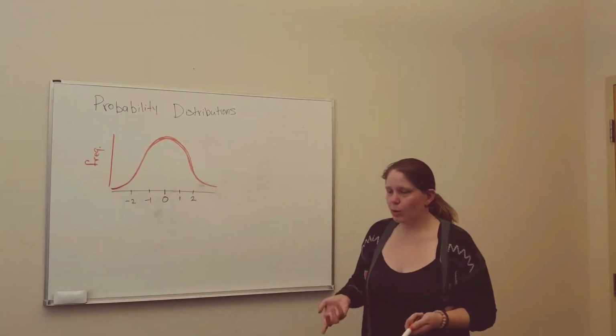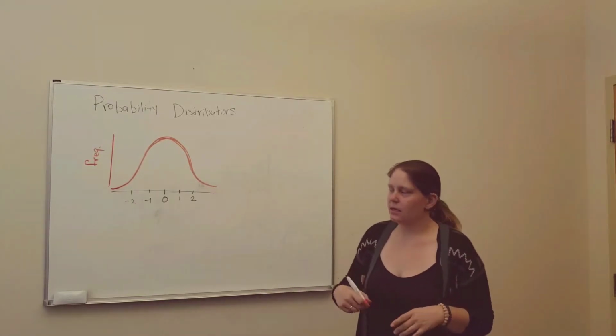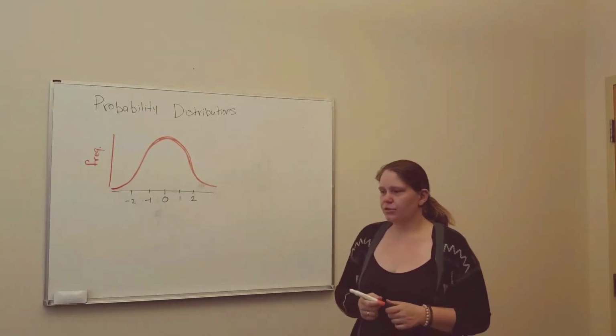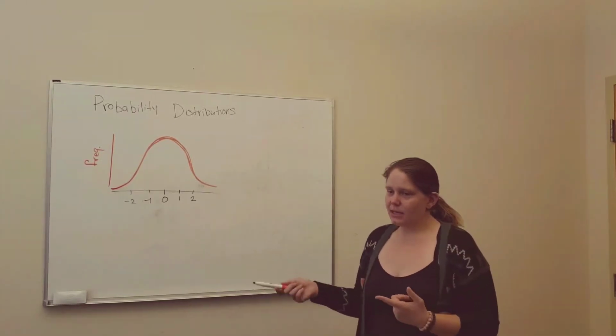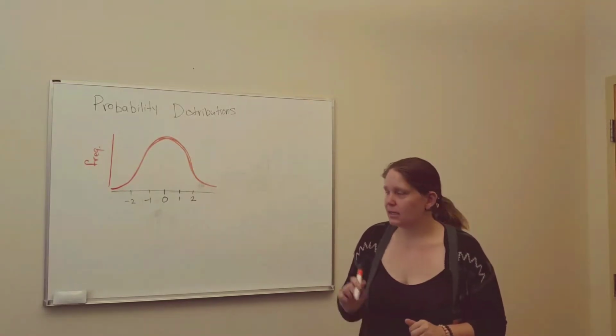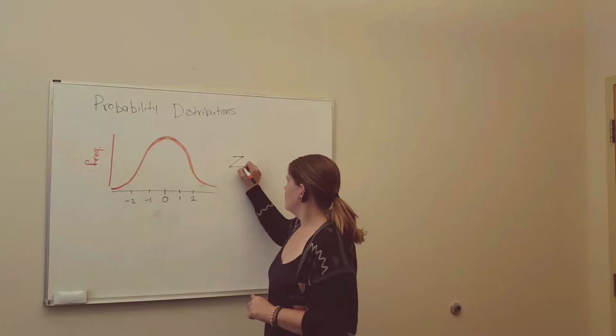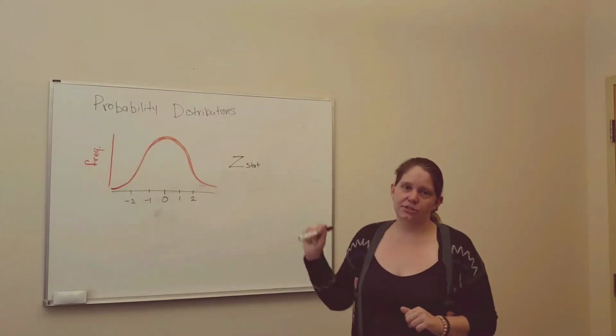So the reason that this is important, and why we need to understand how to calculate areas under the curve in these distributions, or how probability distributions work, is because a lot of the test statistics that we calculate in this class, such as the z-stat that we introduced last week, have a distribution.